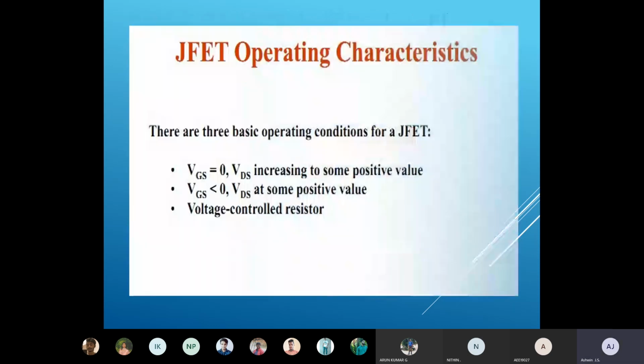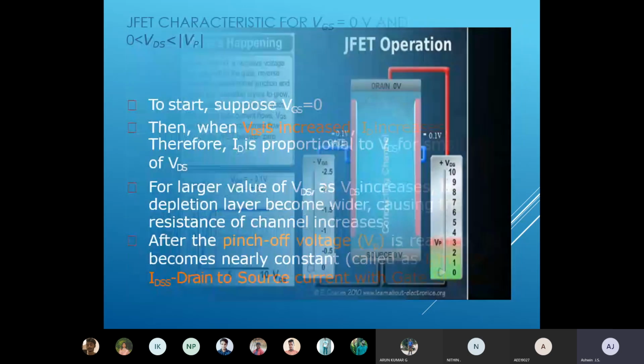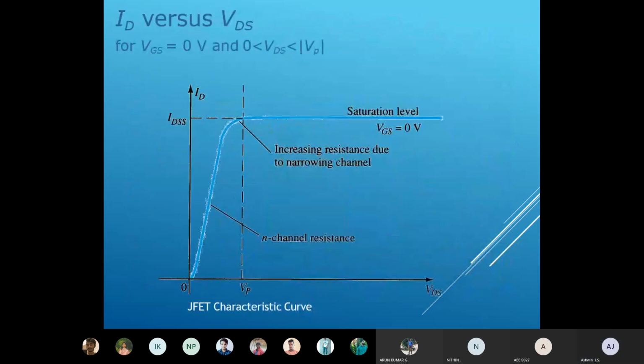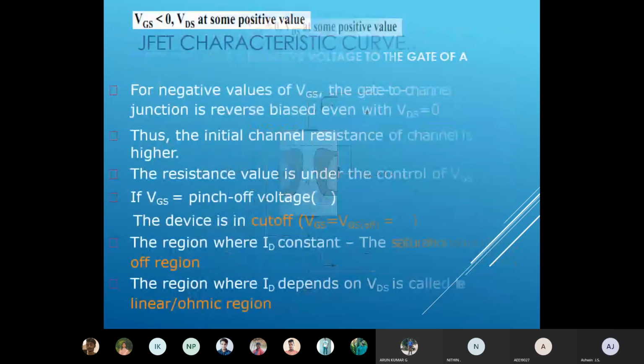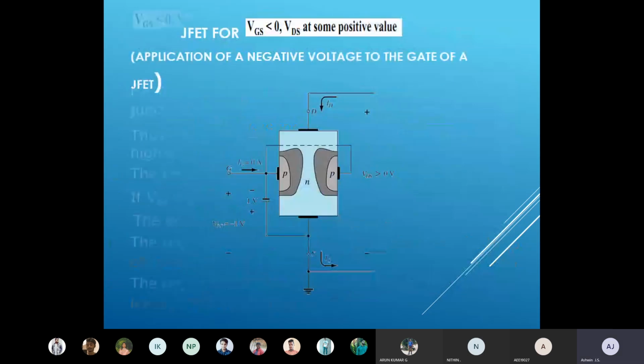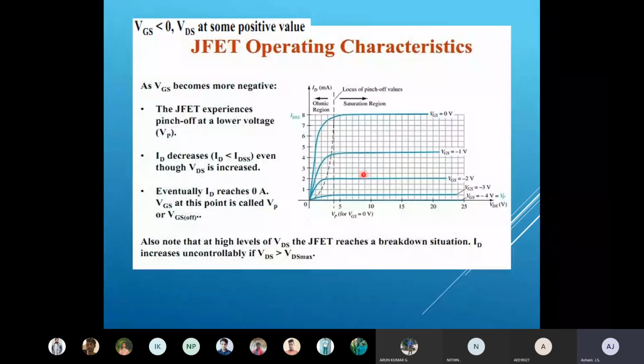characteristics. If you look at the graph, if I'm giving 0 voltage, so initially VGS is 0, slowly I'm increasing the voltage on the x-axis and drawing the current according to that.